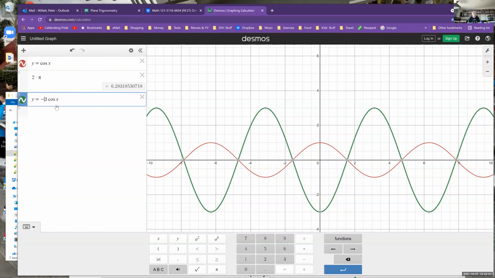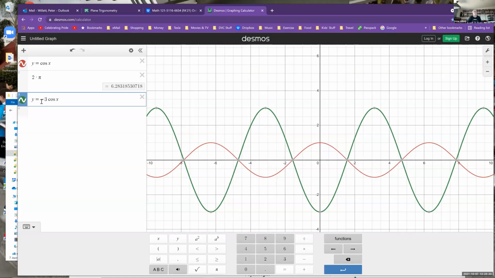They could show you an equation like this, y equals -3 cosine x, and ask you to identify the amplitude. You could look at the graph and basically see, well, how far above the middle is the top of the bump? Or how far below the middle is the bottom of a bump?